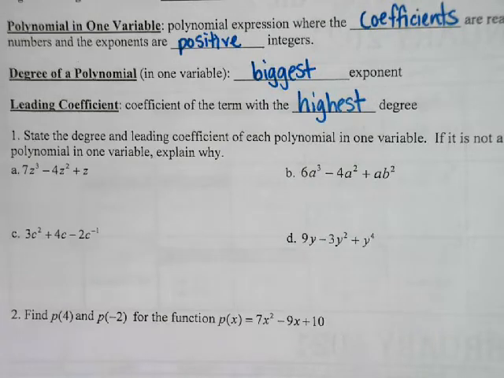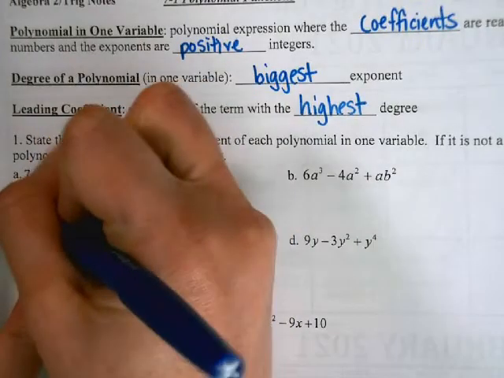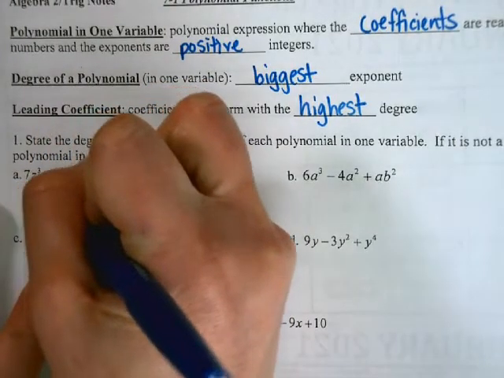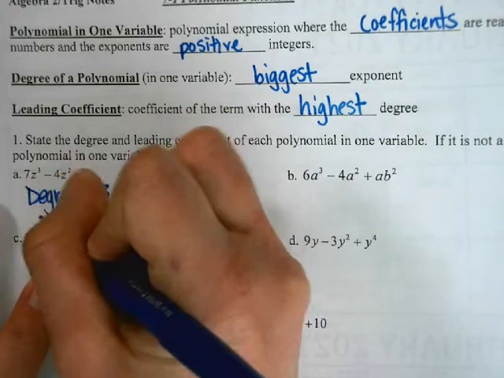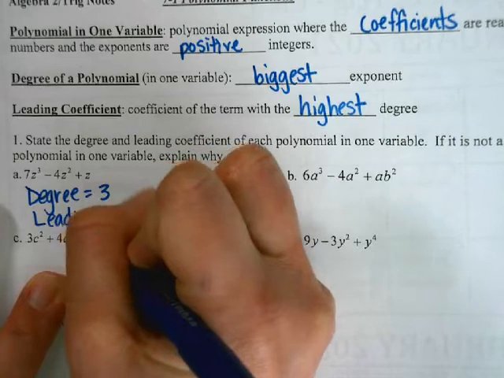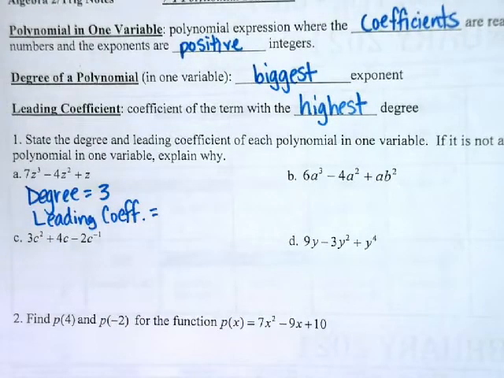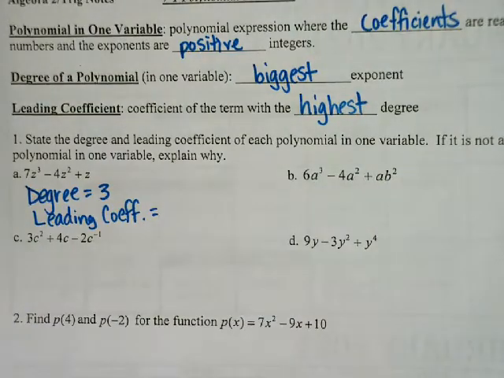Are the exponents all positive? Yeah, we're good there. Okay, so what's the biggest exponent? 3. And then what's the leading coefficient? What's the number in front of that guy? 7.